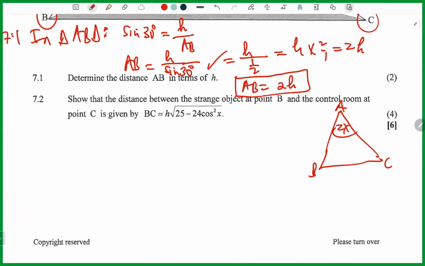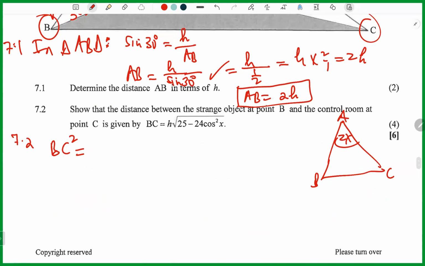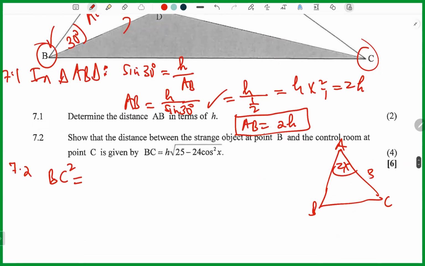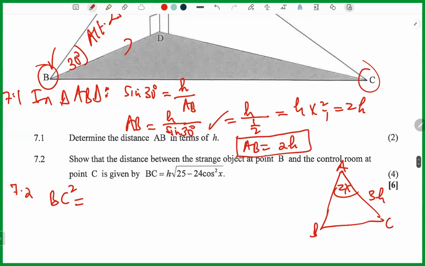So what are we getting here? So we have 7.2, and then we have BC. You have BC squared, which is, we have AC as 3h, and then we have AB, which is 2h.